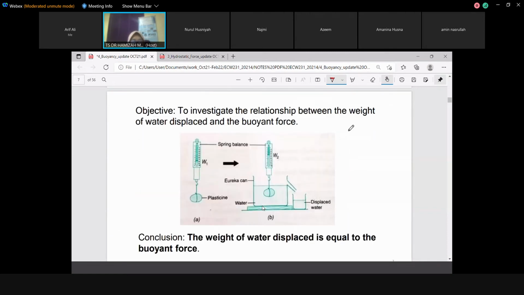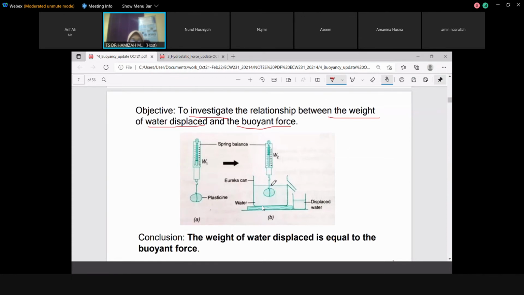Okay, so objective. So this is examples, experiment involve buoyancy. This one is to investigate the relationship between the weight and also the water displaced with the buoyant force. Okay, so sebelum ni belajar, kita ada dua types of the curve tadi kan? Displacing and also containing. So same for this concept.